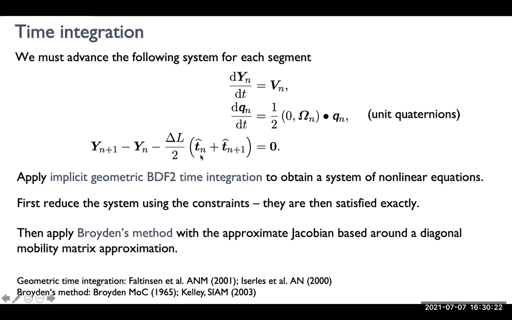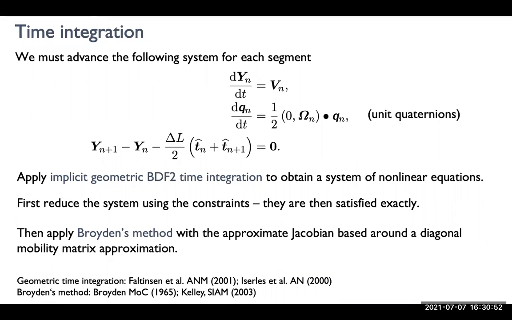So the first thing that we do is apply an implicit time integration scheme, and it's a geometric time integration scheme because it treats in a nice way the Lie group property of the quaternions. So it treats the fact that our quaternions themselves must remain units. That forms a group. And so the geometric aspect of our scheme treats that quite nicely.